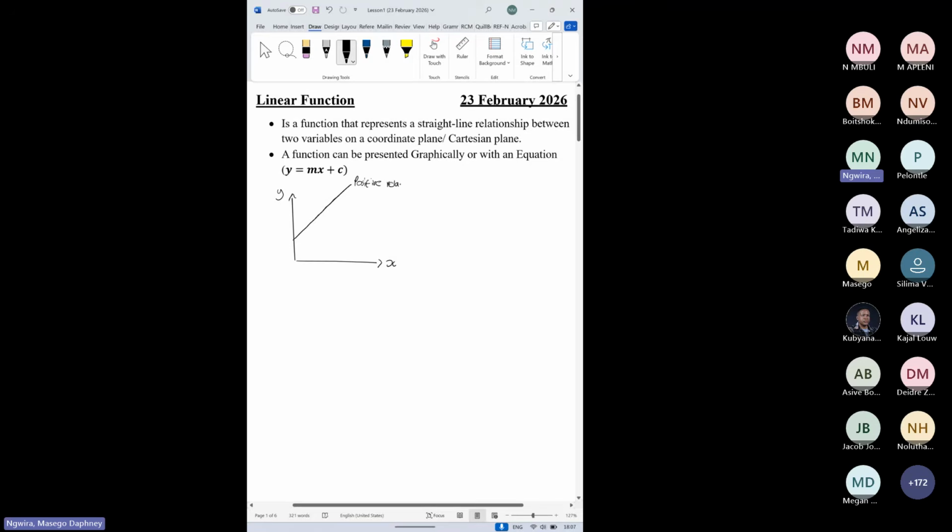This is a positive linear relationship. And for a negative relationship, you'll have a line going down. This one will represent a negative relationship.